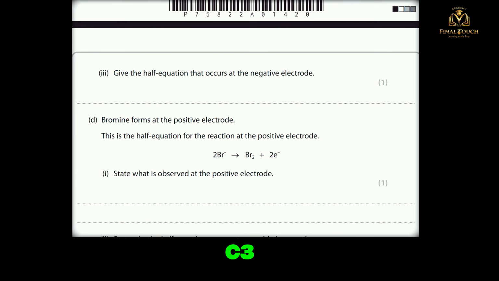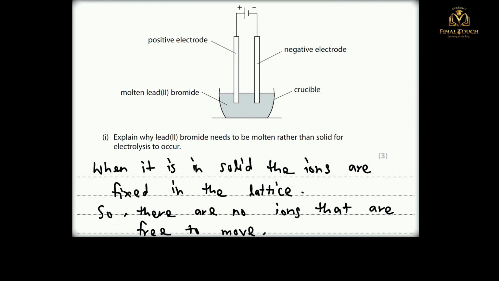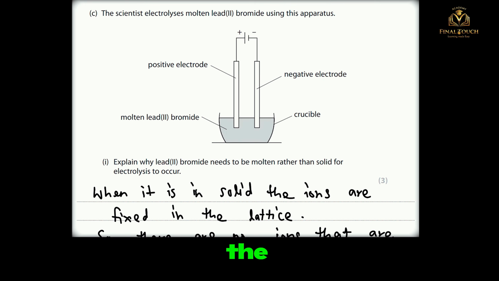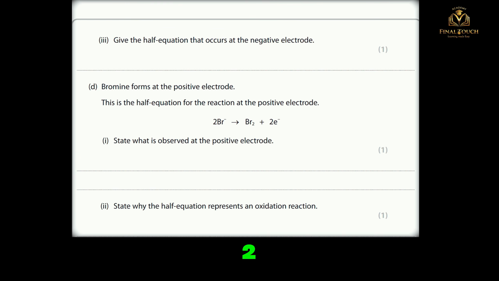So moving on to C3, give the half equation that occurs at the negative electrode. So at the negative electrode, we will have the cation, which is lead(II) ion: Pb2+ plus 2 electrons to Pb atom.